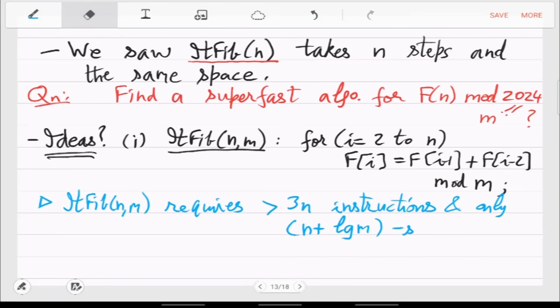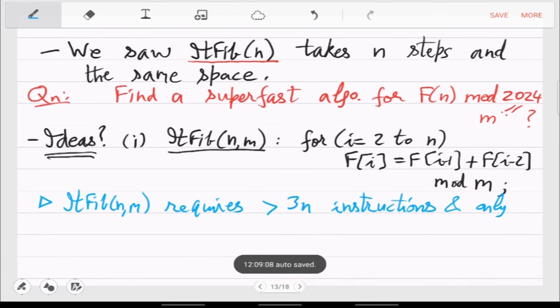Not plus, actually, this will be product. Which is also fine because log m is very small. It's something like 11. So space is only 11 times n. So space is not the problem here. The problem will only be instructions, because when you convert this into seconds, it will be too big. So that is what is bad here.